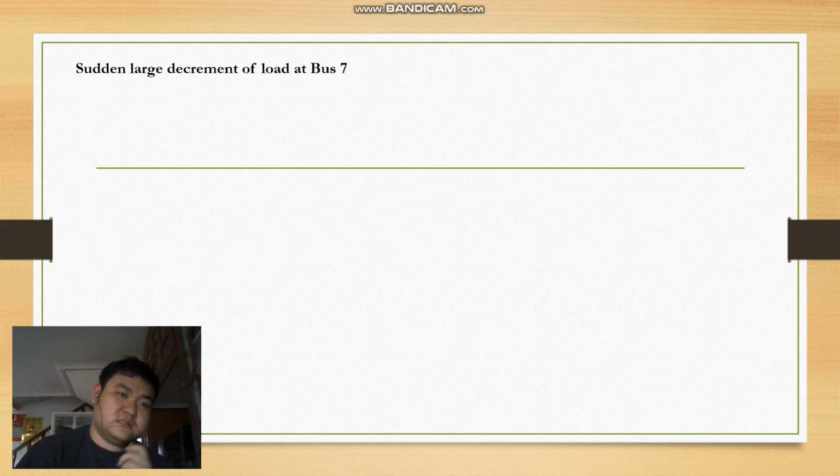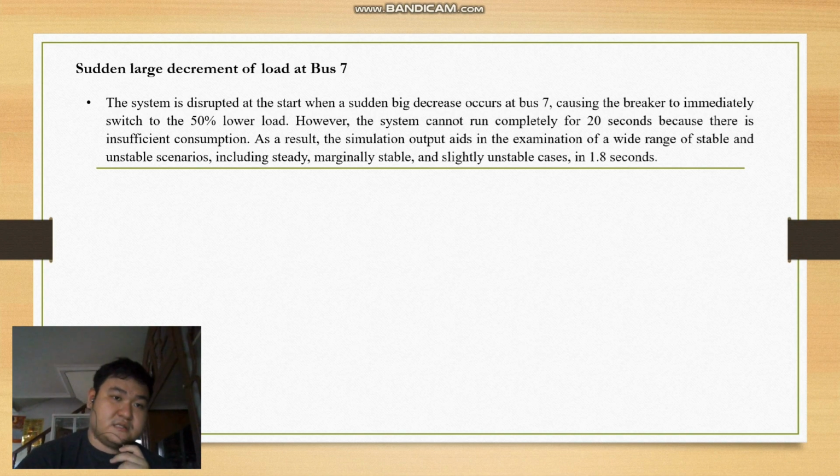The next case is a certain large decrement of the load at bus 7. The system is disrupted at the start, and a certain decrease occurs at bus 7, causing the breaker to immediately switch to 50% lower load. However, the system cannot run completely for 30 seconds because there is insufficient construction.